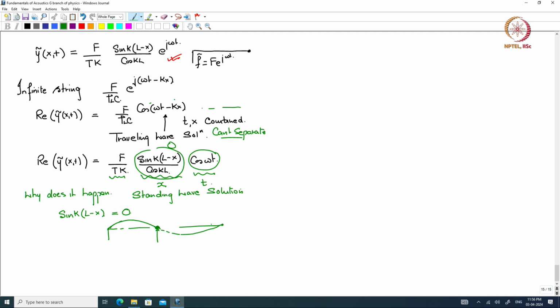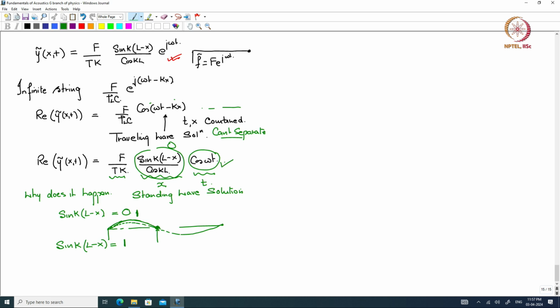Now suppose sin k(L minus x) is a maximum value, which is 1 or minus 1. Then that point will have a maximum value of 1 at some point in time, and it will wane slowly with time.